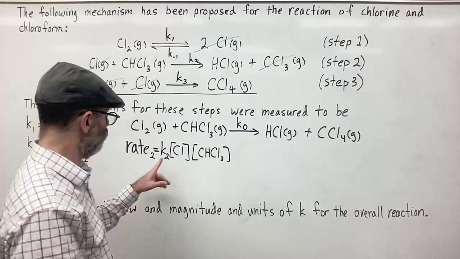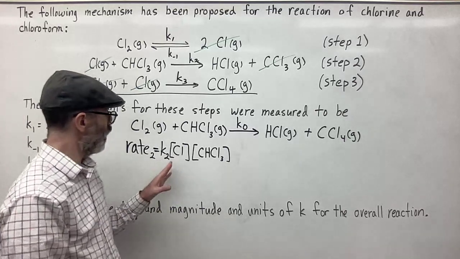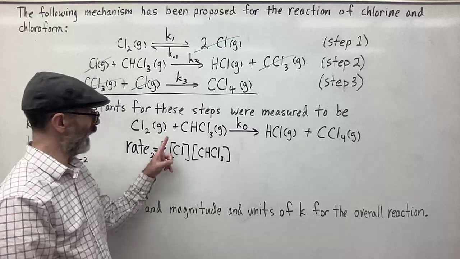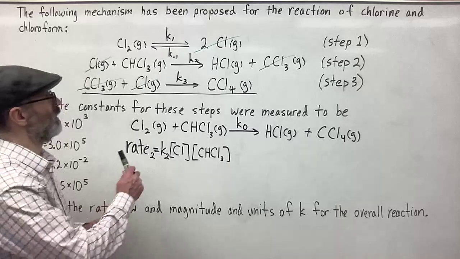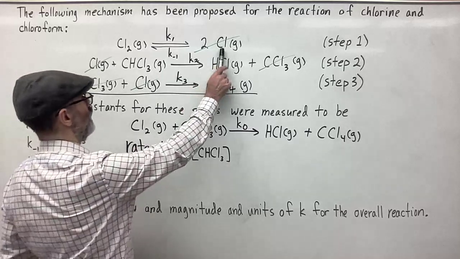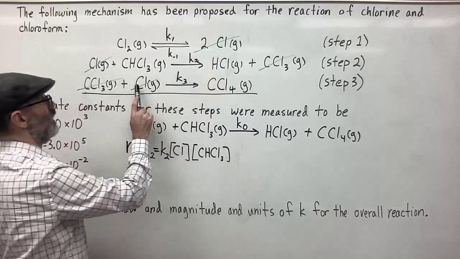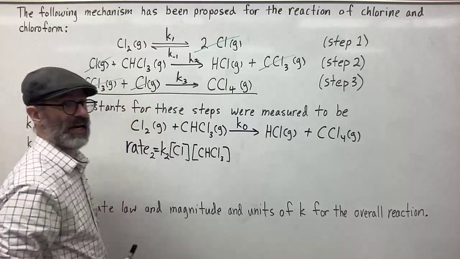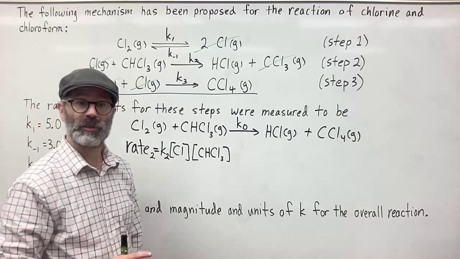So we got to pay attention to Cl here. Notice that we have Cl. Now Cl, if we go back here, is an intermediate. So Cl is an intermediate here and here. We have Cl and Cl here. We can't have intermediates in our rate law expression, right?